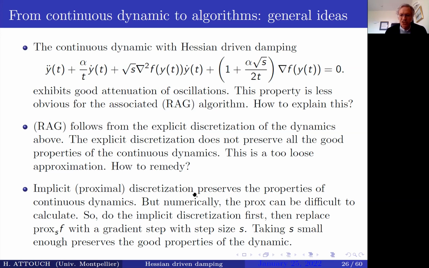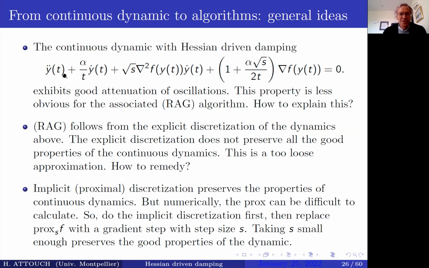Implicit discretization preserves the properties of a continuous dynamic, but numerically the prox can be difficult to calculate. So the idea is to do the implicit discretization first, then replace the prox with a gradient step. Doing so, you preserve a good structure of the algorithm, and if you take S small enough, you preserve the good properties of the dynamic. So that's a program we are going to develop in a minute.